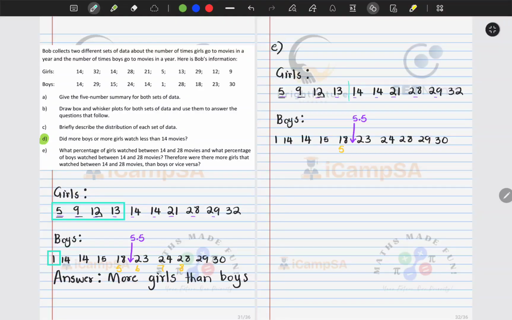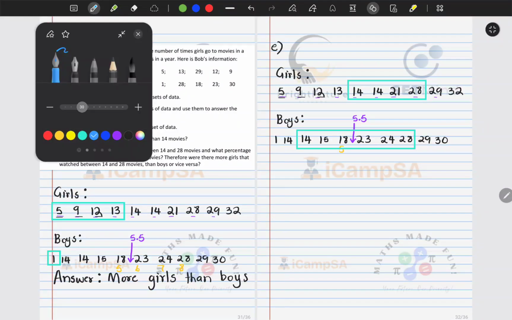So let's take 14 and 28 for girls, and for boys, let's take 14 and 28.